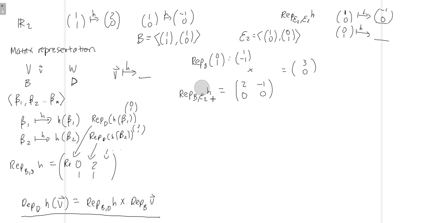So that gives us the representation here, remember for D we use the natural basis, of the projection of our vector.